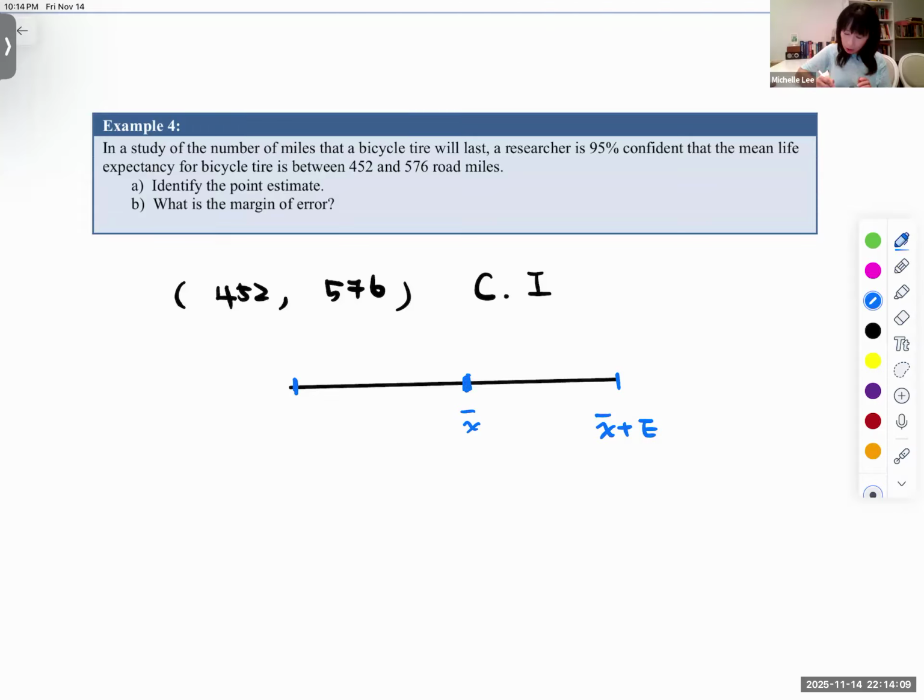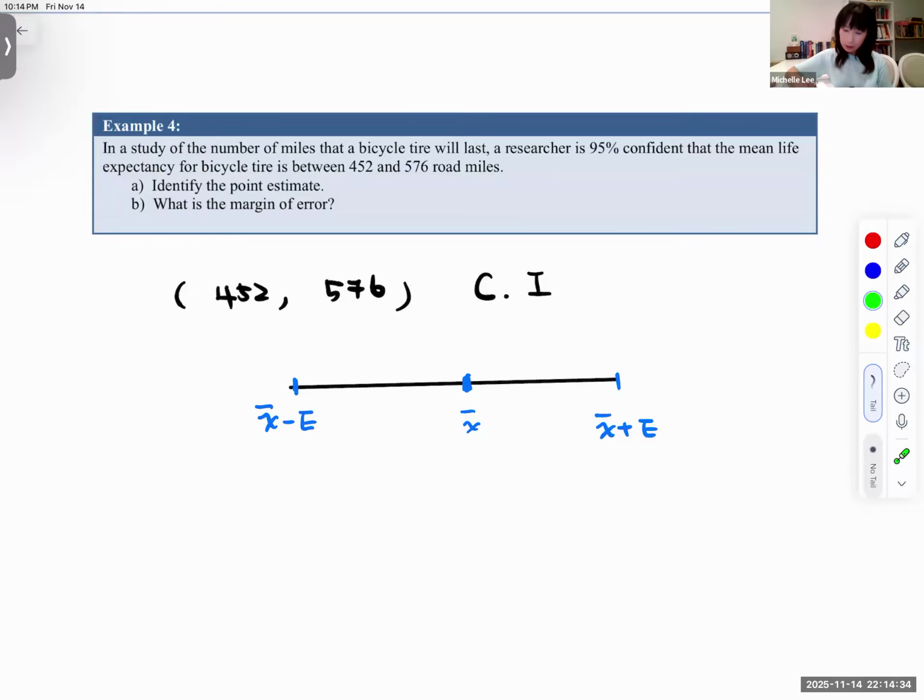This is x bar plus margin of error, and here is x bar minus the margin of error, right? Now we have two numbers, x bar minus margin of error and x bar plus margin of error, right?